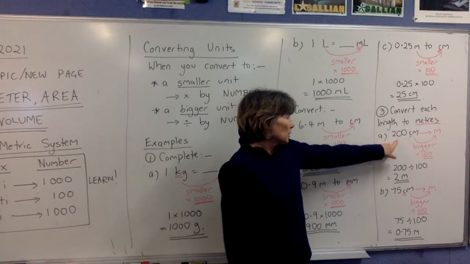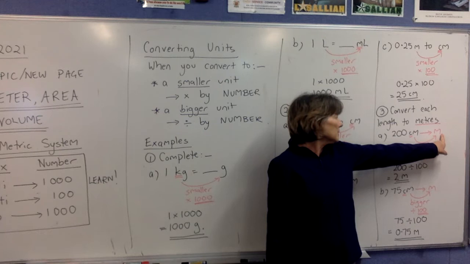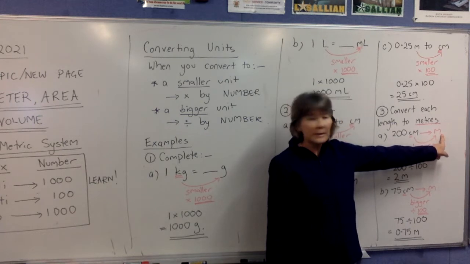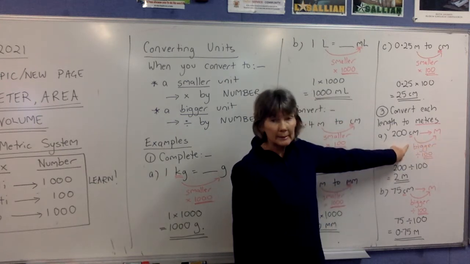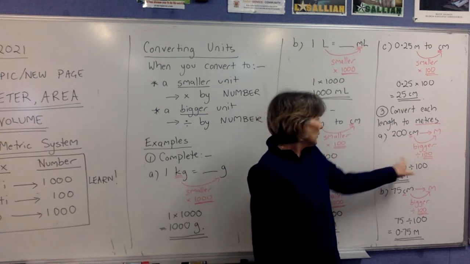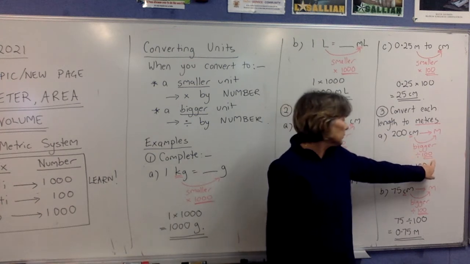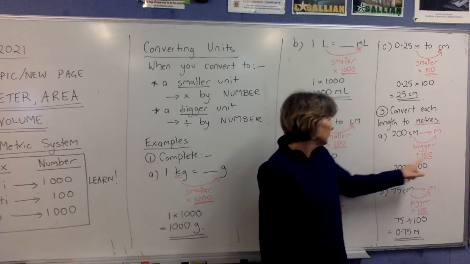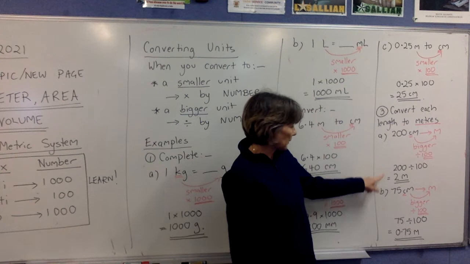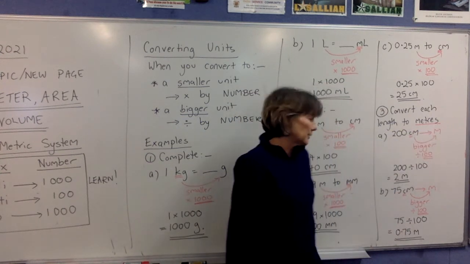So we're going from 200 centimetres to metres this time. Metres are bigger than centimetres, so we're going to a bigger unit. So we're going to divide. Look for your prefix, there it is. C, centi is 100, so we're going to divide by 100. Do your 200 divided by 100 and you get an answer of 2 metres on the end.